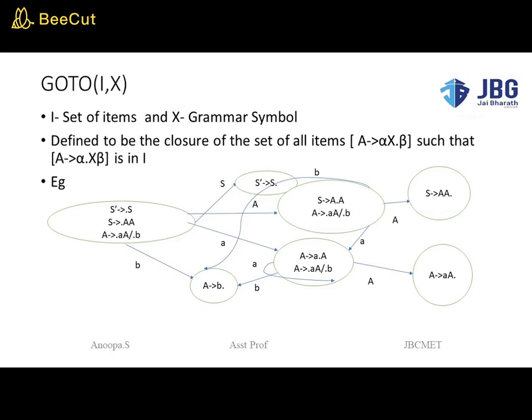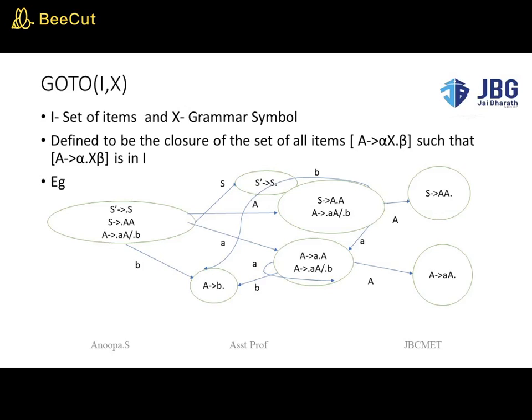Now we will see an example for computing the closure. So our grammar is S giving A and A giving small a, capital A, or small b. So first step is we have to create the augmented grammar so that we can do the parsing operation. So how will we do that augmentation? We will add the production S' giving S. So we have this augmented grammar here, S' giving S, then the remaining productions are the same as in the question. Now how will we compute the closure of the first statement S' giving dot S?